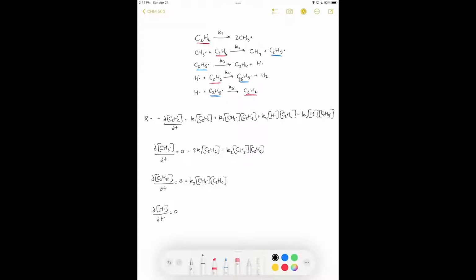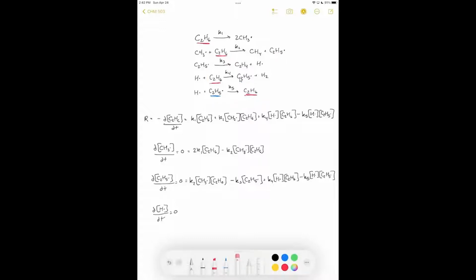And then we will subtract k3 times C2H5. And then we'll add k4 times the concentration of hydrogen atoms times C2H6. And then we'll subtract k5 times the concentration of hydrogen atoms times C2H5.